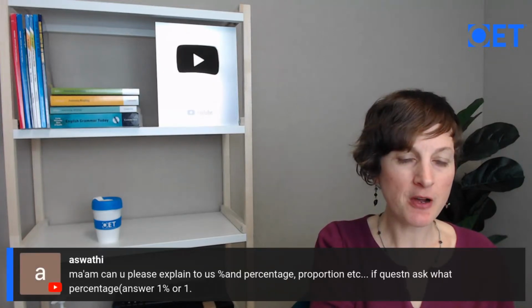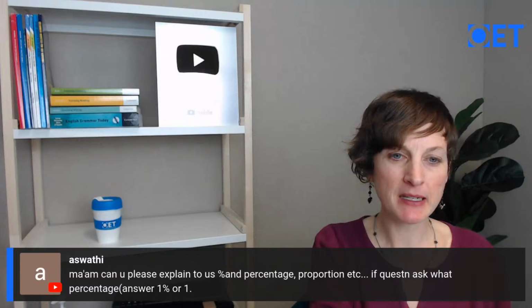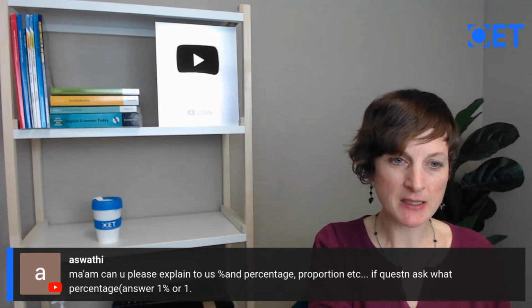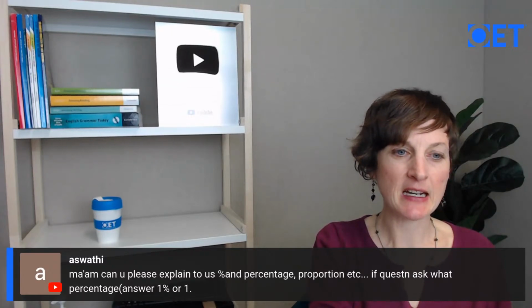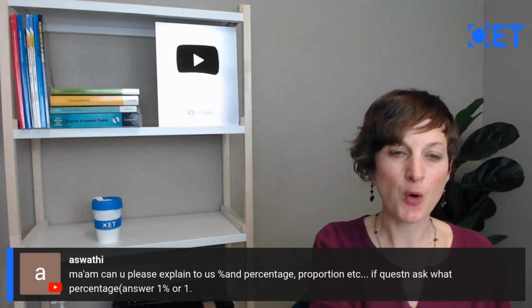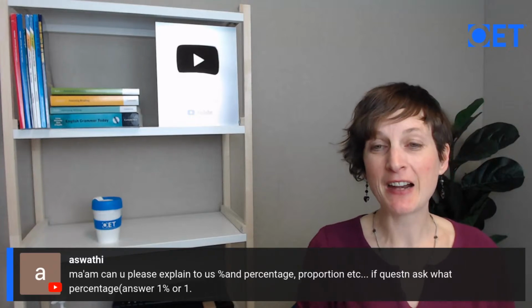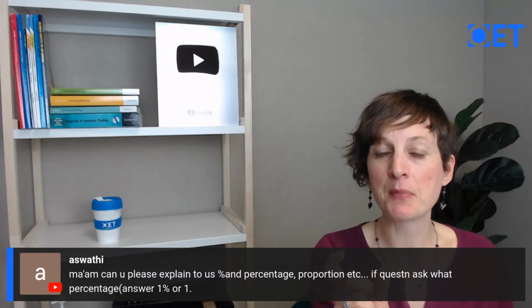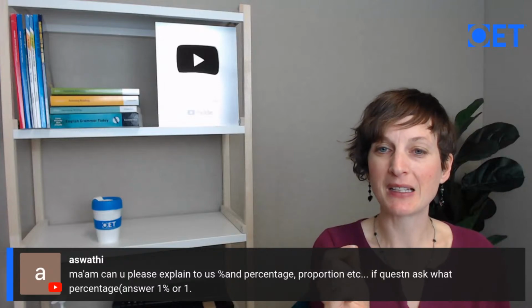This question from Aswathi, who says, can you please explain to us the percentage symbol and percentage the word? If the question asks what percentage, is the answer 1% or 1? So I think there I've just given you the answer, that symbol, the word for that symbol is percent.